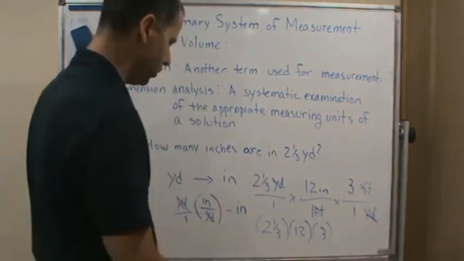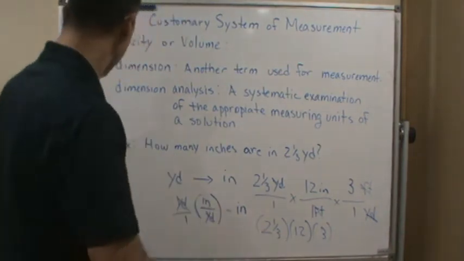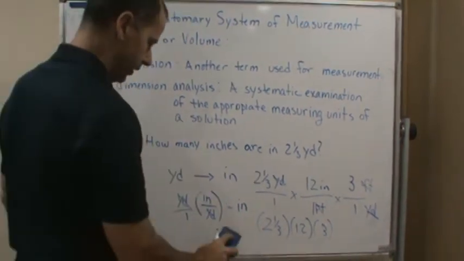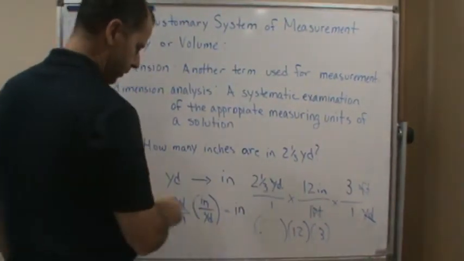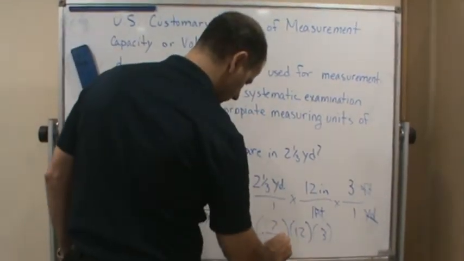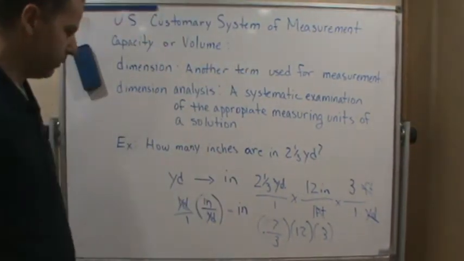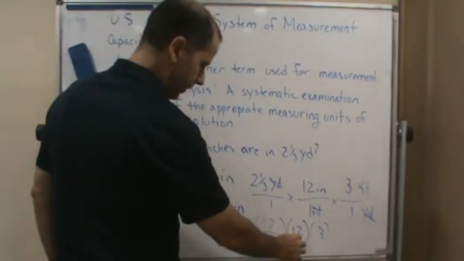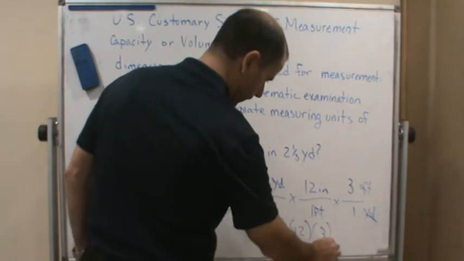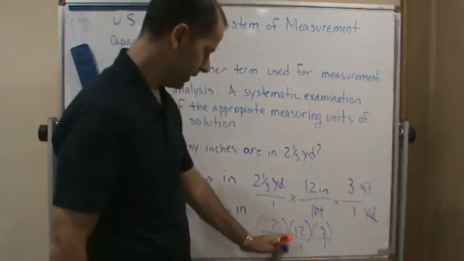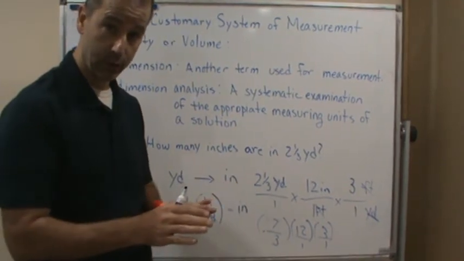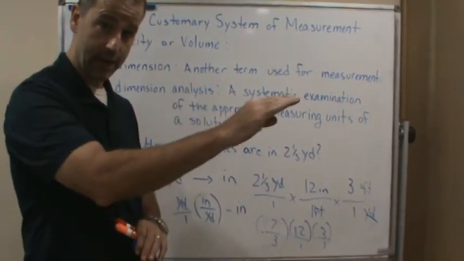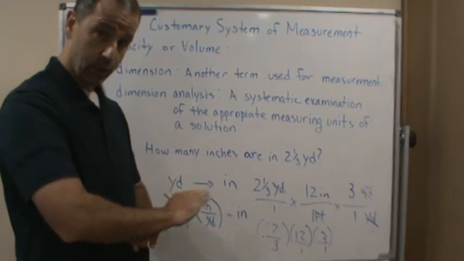The only thing I have to do is change this to an improper fraction. So 2 1/3 becomes 7/3. Now I can multiply, because remember, I can put these over 1 and make them fractions. Make sure you multiply all the numerators together, so you go across the top, and you multiply across the bottom.